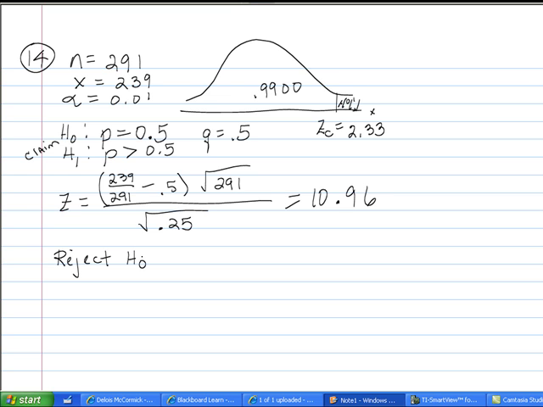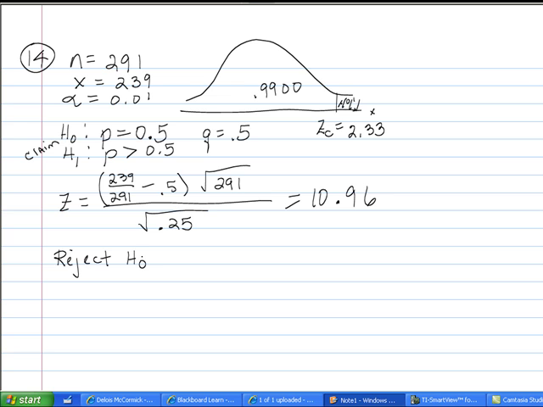Okay, and if we look back at our table on page 391, the claim does not include equality and we will reject.